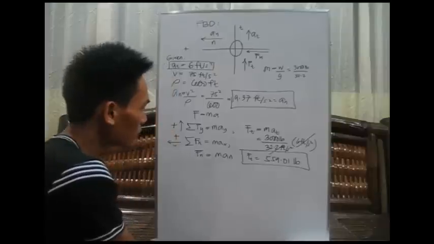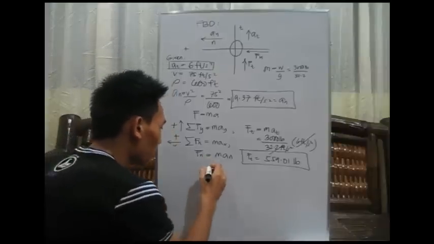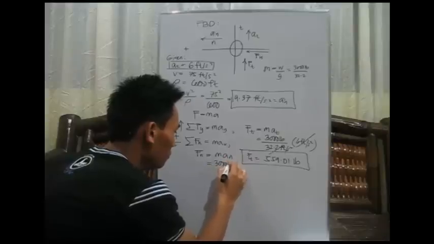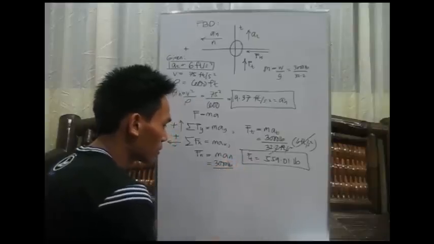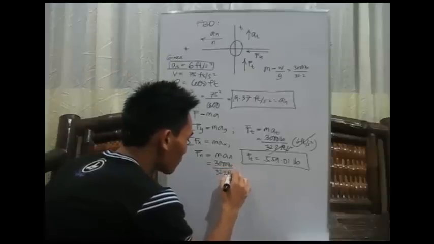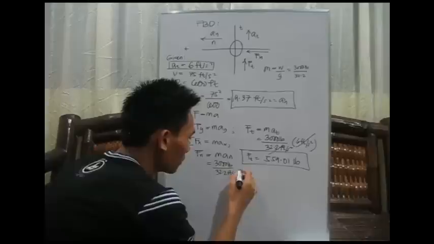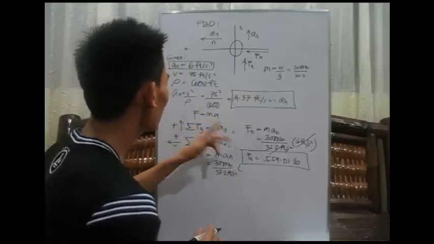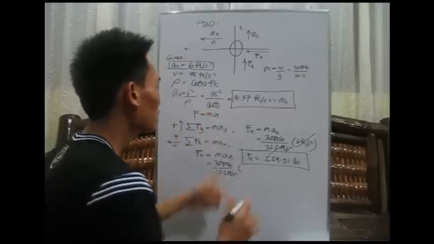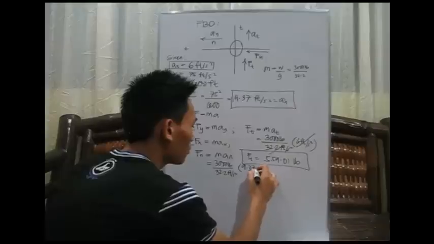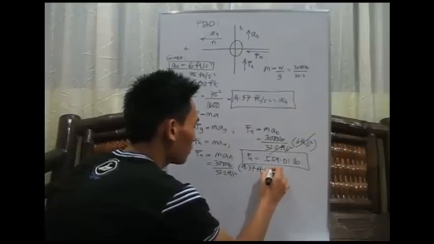For Fn, we have 3,000 lb over 32.2 feet per second squared times the value of an, which a while ago we got as 9.37 feet per second squared.